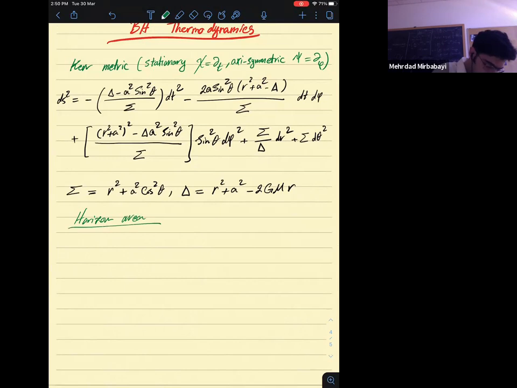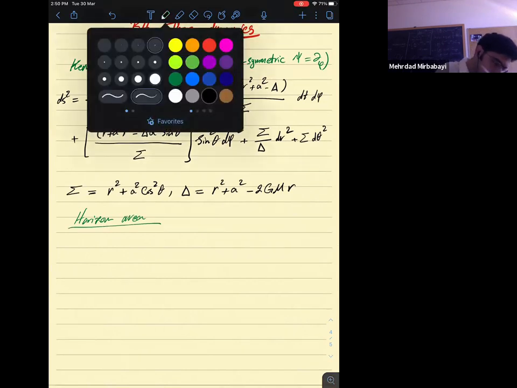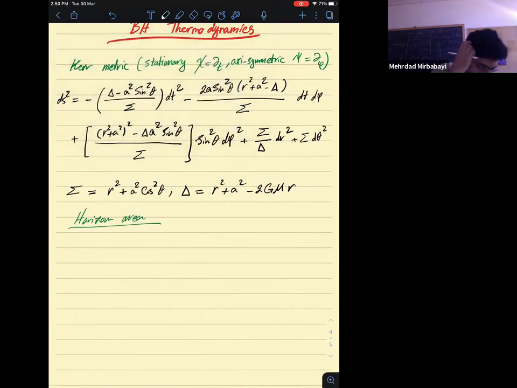By which I mean the area of a section of the horizon at fixed t. So this is the surface parameterized by phi and theta. How do I find the area of that? There will be an induced metric of that surface, which is obtained by setting t to constant, which means that anything that contains dt will go to 0, and r to constant equal to r plus, the r of the horizon. So this term goes to 0.